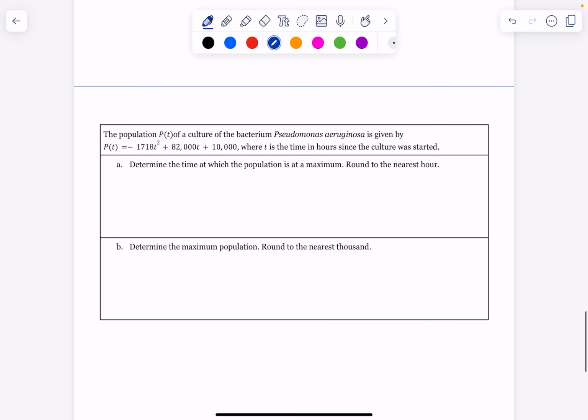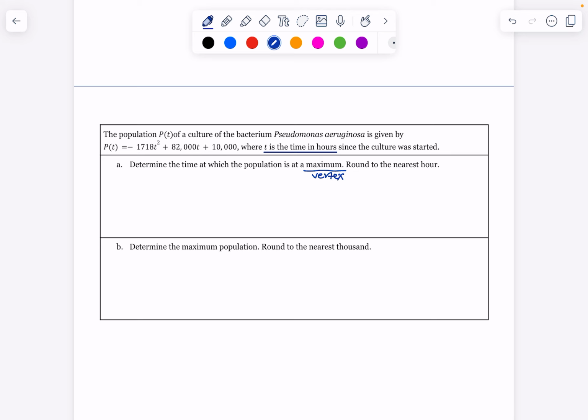All right, the population P of T of a culture of the bacterium, I'm not even going to try to say that, is given by P of T equals negative 1718 T squared plus 82,000 T plus 10,000, where T is the time in hours since the culture was started. Determine the time at which the population is at a maximum, so that would be vertex.